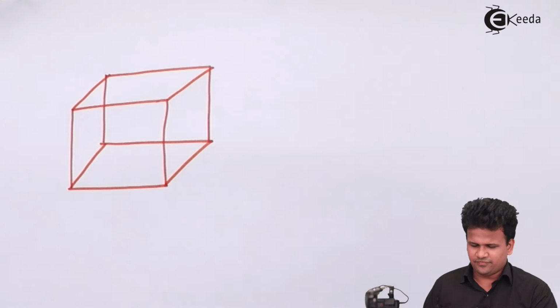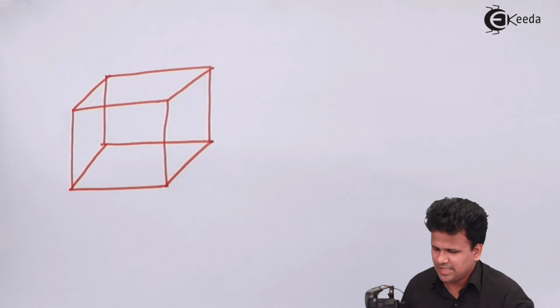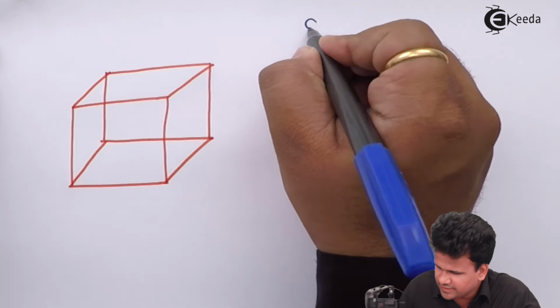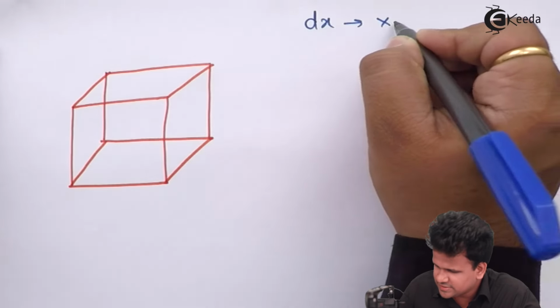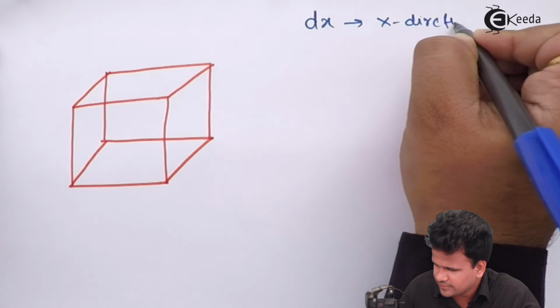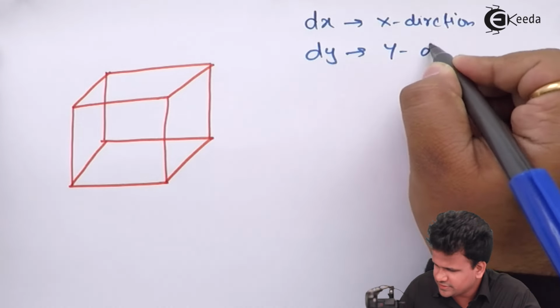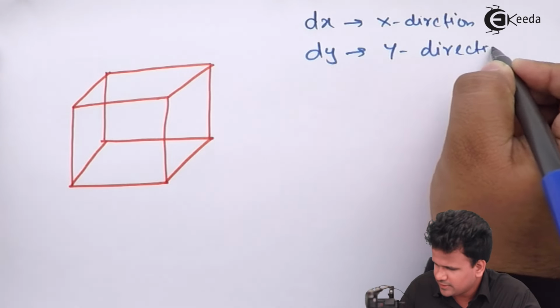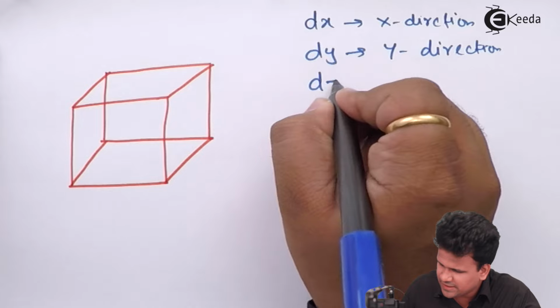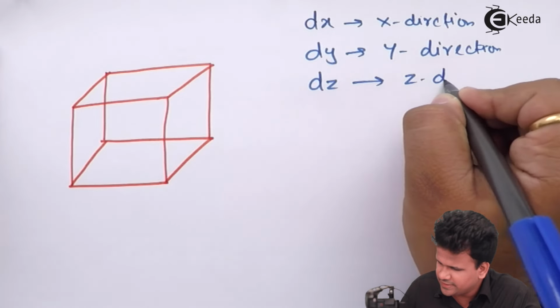So this is a fluid element which is having a length of dx along x direction, length of dy along y direction, and length dz along z direction.